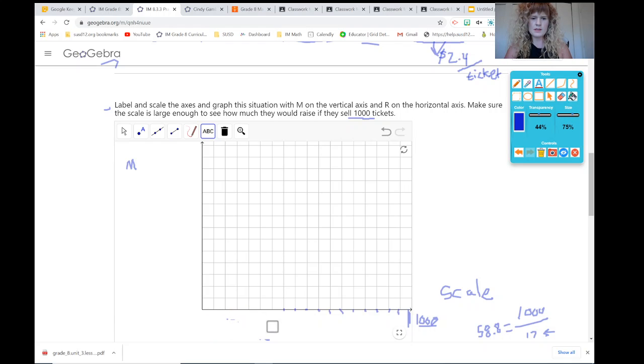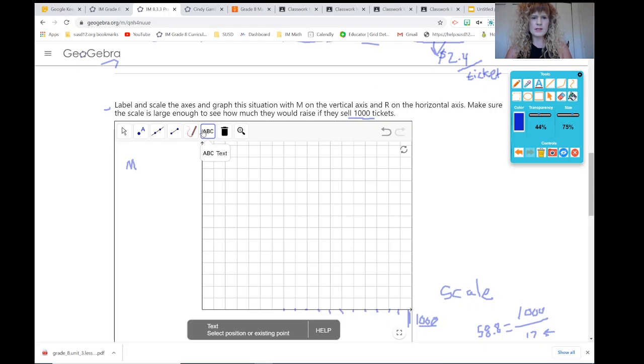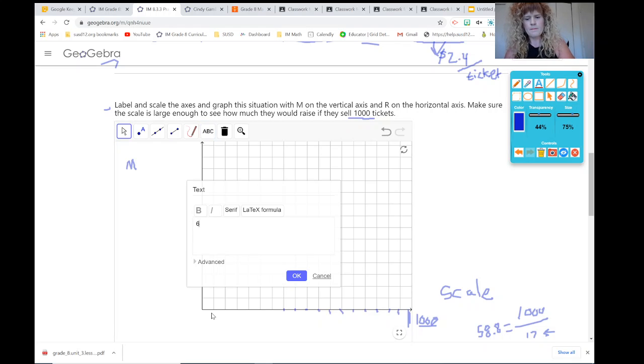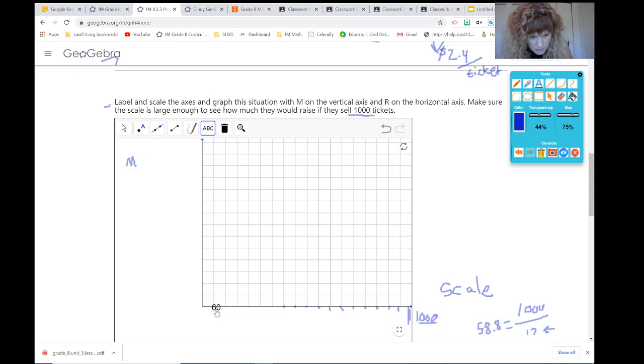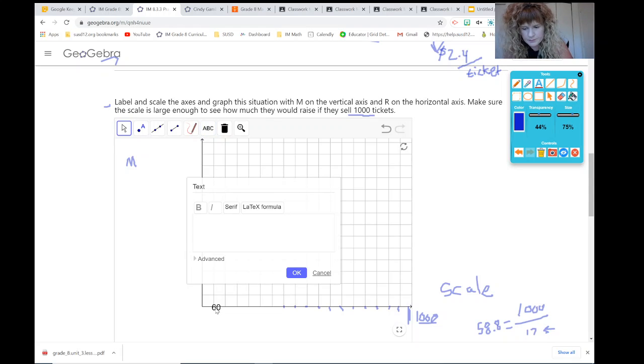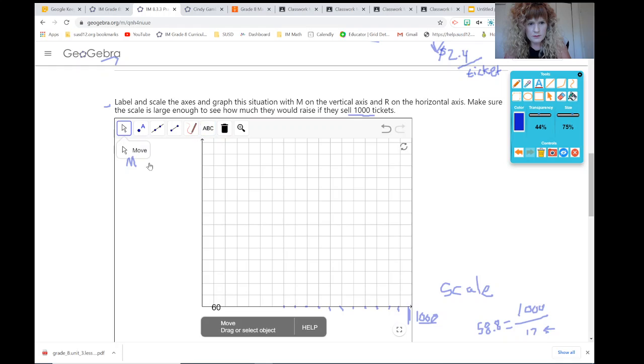Okay, let me erase these. Now, get the ABC tool, the text tool, and this is 60. 60 tickets. Oh, it's hard to read, isn't it? It's right on the line. Let me move it down.